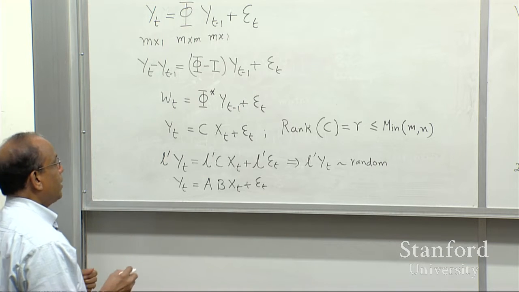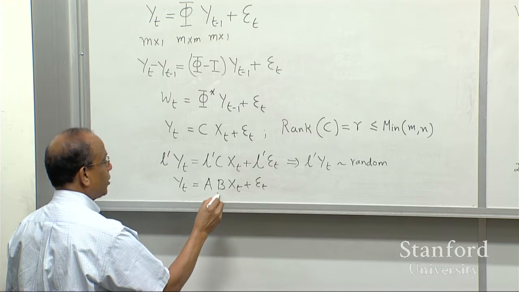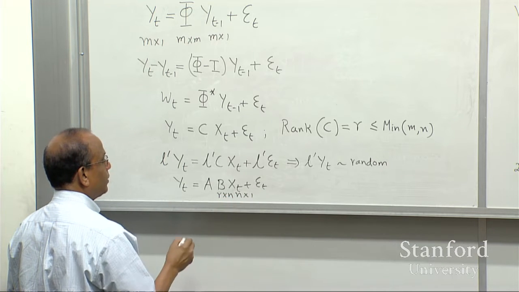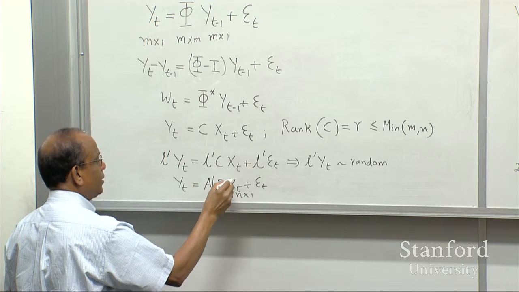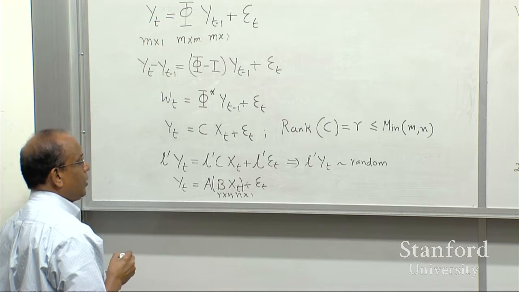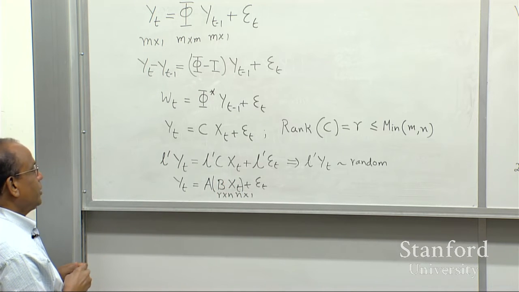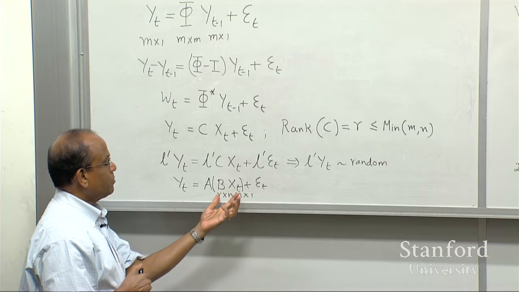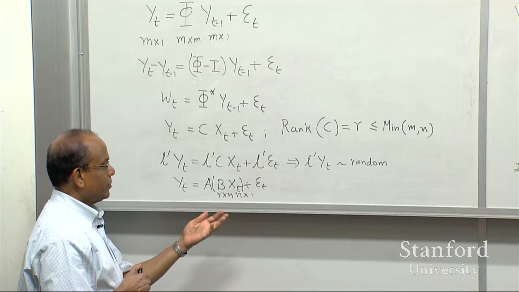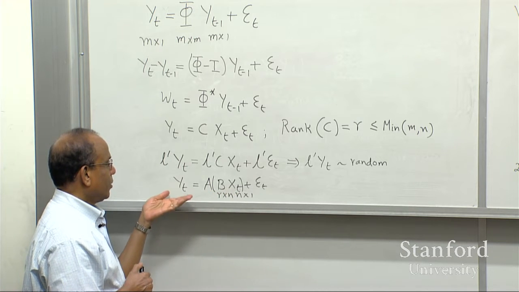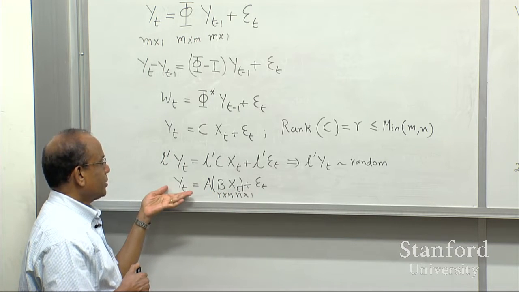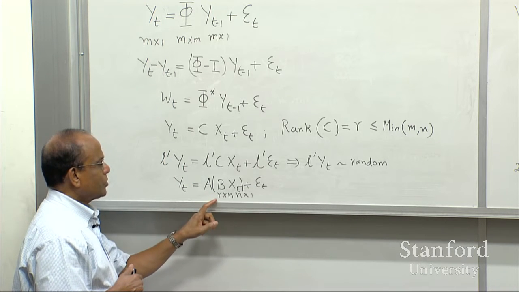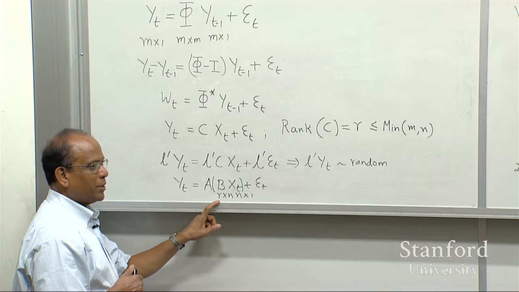B is of dimension r by n, xt is of dimension n by 1, and essentially what we are saying is that you can take an n-dimensional series and reduce the dimension to r, so that B times xt is the only set of linear combinations you need in order to see the relationship between yt and xt. In practice you will see that r is a pretty small number.